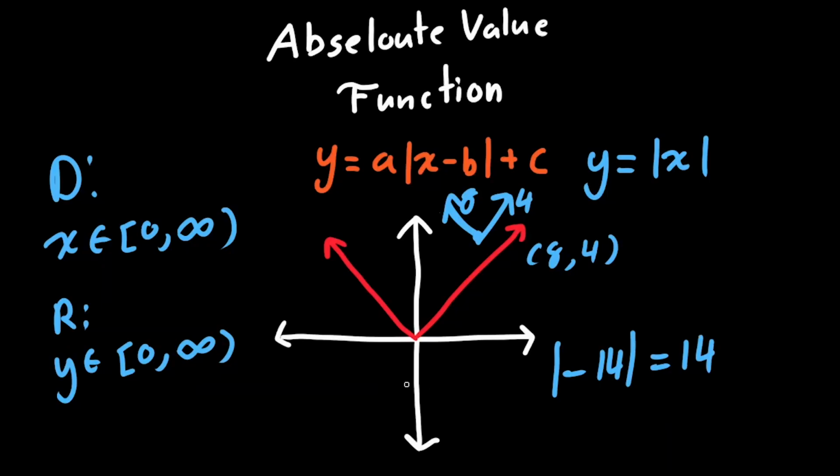That's why the parent function, at least with no translations, never crosses into the negatives, because every x value you place in, even if it's like negative 4 over here, will have a positive y value since it is a positive distance away from 0. If that makes any sense.